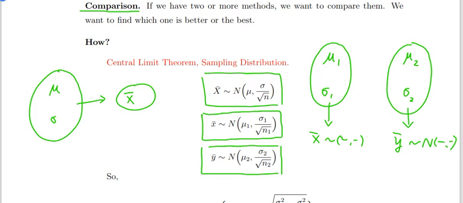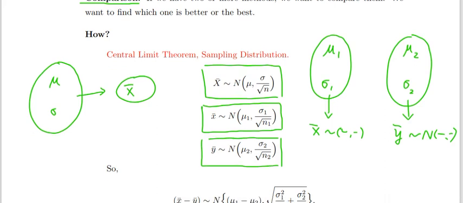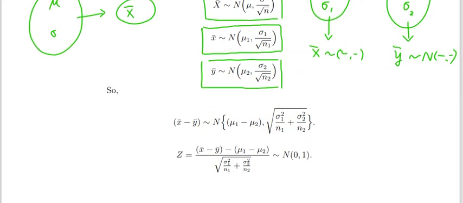So this is the central limit theorem, or sampling distribution, no matter what the population is. Here we say a normal minus a normal is still normal. So we have this result: x bar minus y bar follows a normal, where the mean is mu1 minus mu2. But for the standard deviation, we cannot use minus, right?